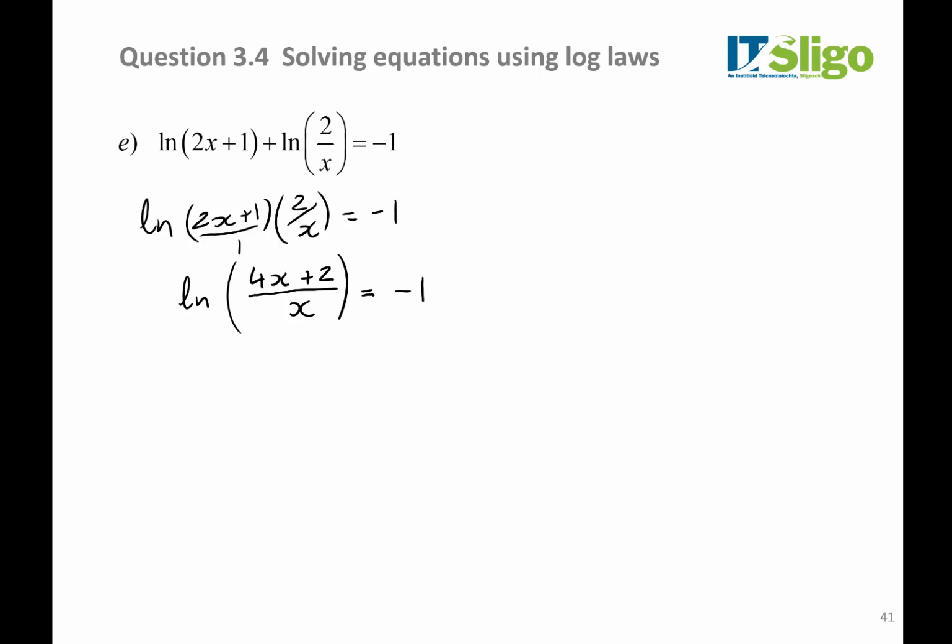I hope that makes sense. Top line, guys, 2x plus 1 by 2, and 1 by x on the bottom. Now I'm going to get rid of my natural log, raise both sides as a power on e. So on the right hand side, we're going to get e to the power of minus 1. On the left hand side, when we raise natural log to the power of e, it cancels out.